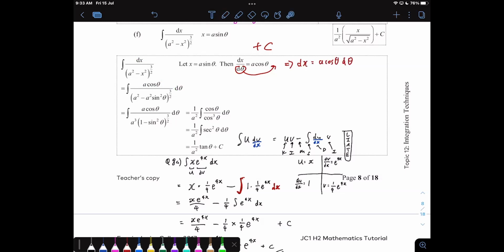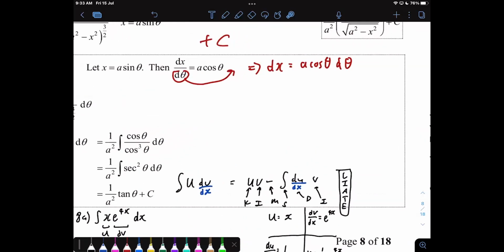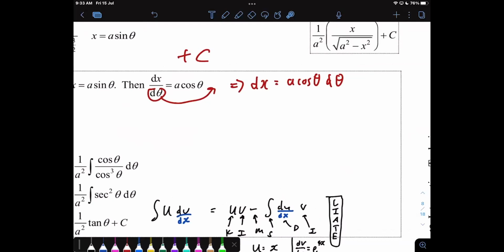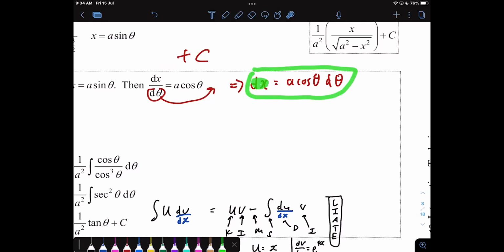Okay, just one thing to take note, a very pedantic nitpicking point. Here, technically, dx over d theta is a symbol. It's not a fraction. You are not allowed to split it up mathematically speaking. But for the practical purposes of solving questions for A levels, just do it. Make dx a subject. Just pretend it's a fraction.